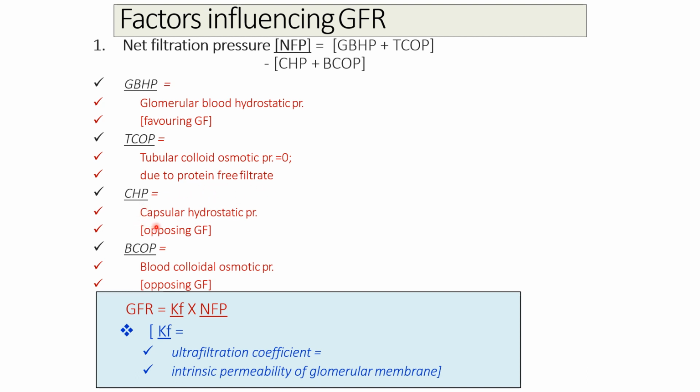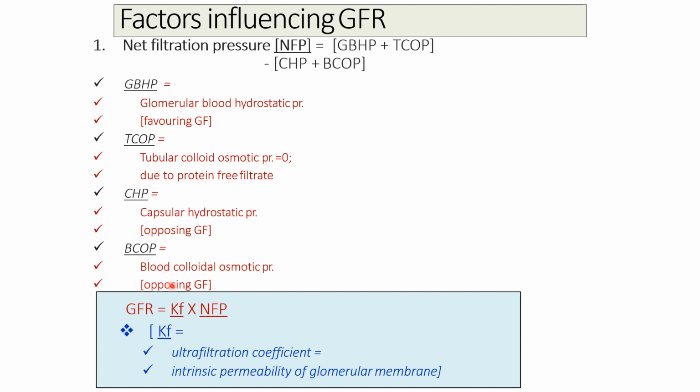And CHP is capsular hydrostatic pressure, which opposes the formation of the filtrate, because in the capsule the hydrostatic pressure will push the fluid from the capsule to the capillary. From the capillary the fluid is pushed out into the lumen, and from the capsule, because of hydrostatic pressure, the fluid will be pushed into the capillary.